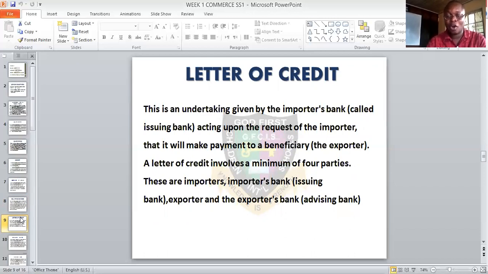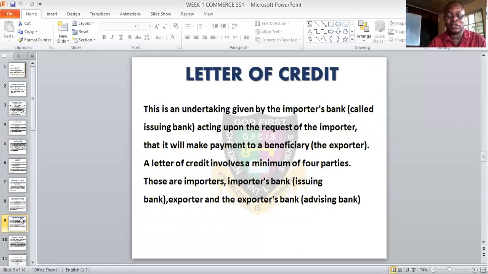They act upon the request of the importer, on whether they should make payment to a beneficiary, and this beneficiary is also called the exporter. So a letter of credit involves a minimum of 4 parties.